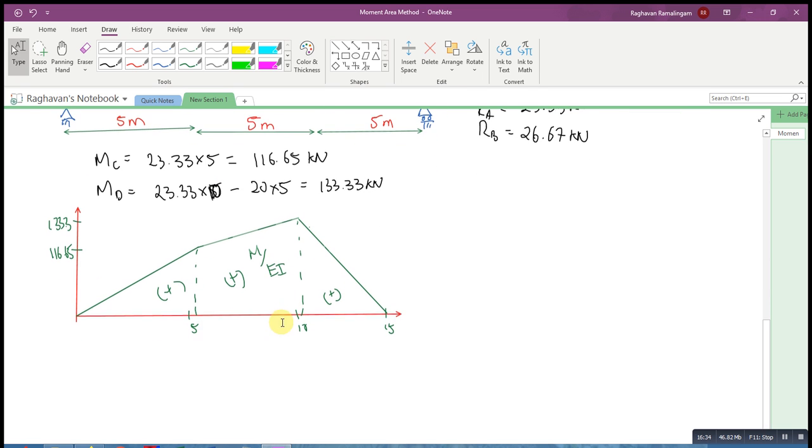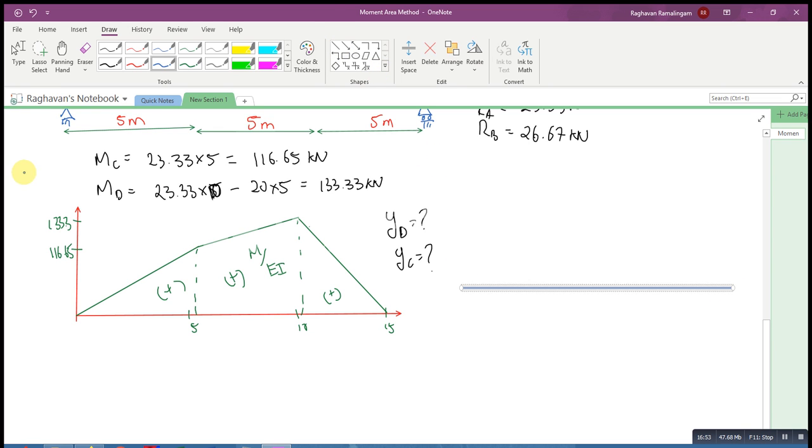Okay, now let me say that I need YD and YC. What I also need in this case, as I told you, is an accurate enough representation of the deflected shape. So I know that my deflected shape is definitely going to look something like this.